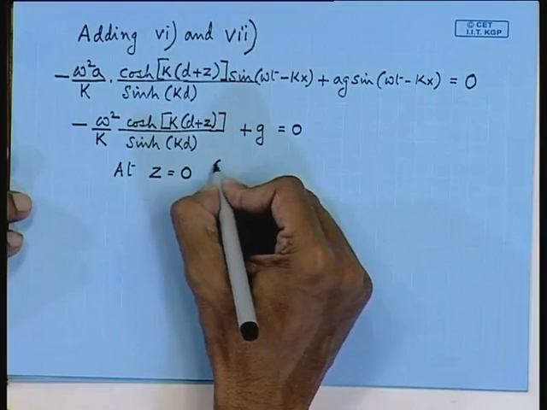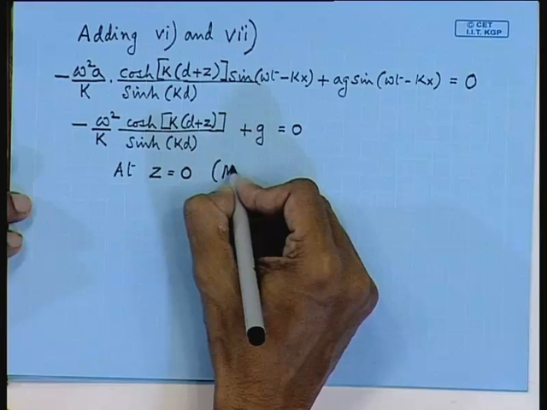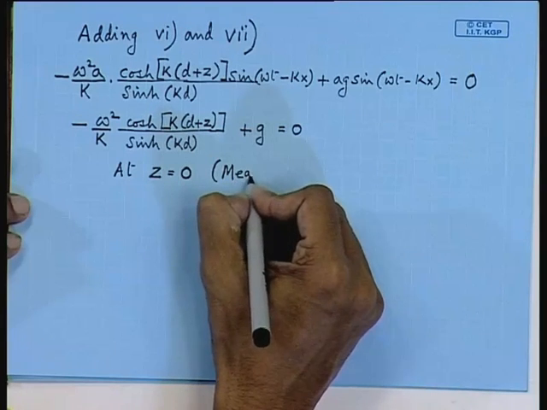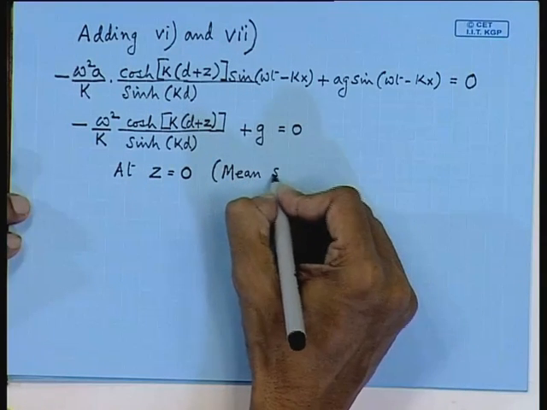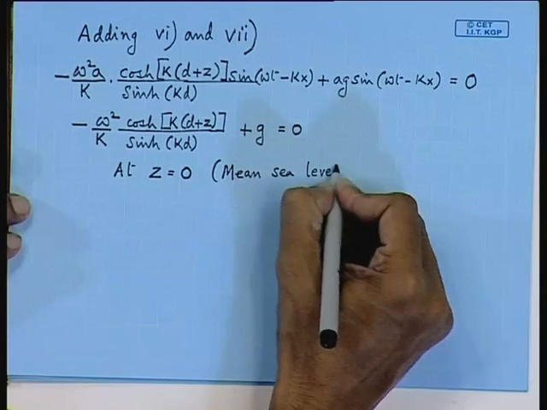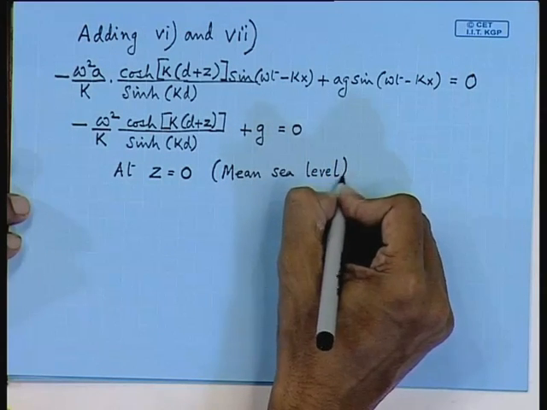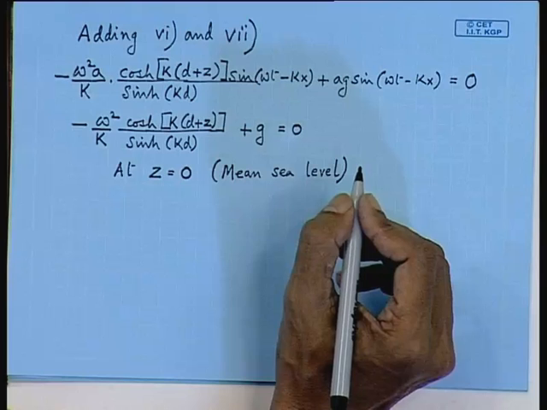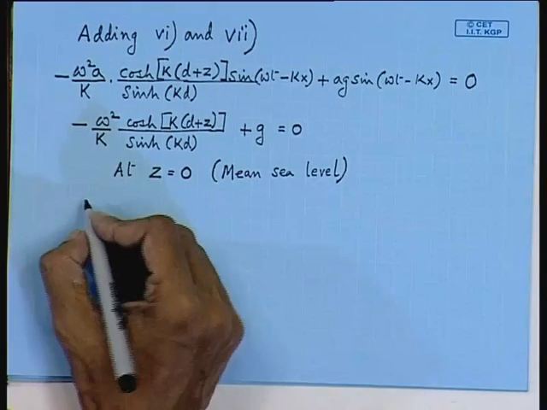So this is your mean sea level. At z equal to 0, your expression will still simplify further.